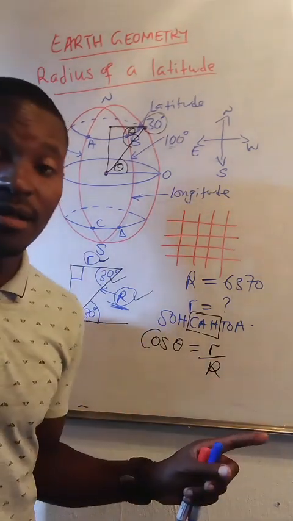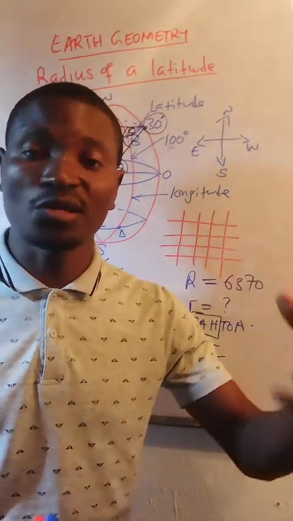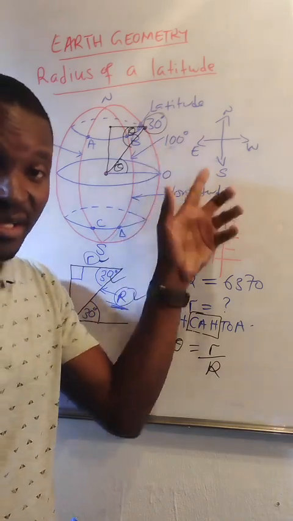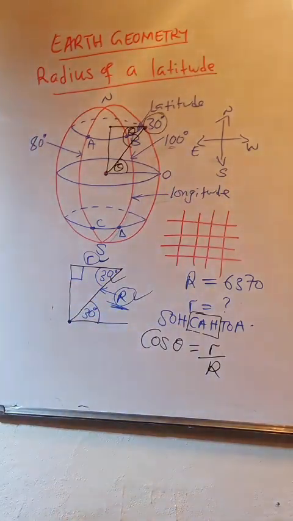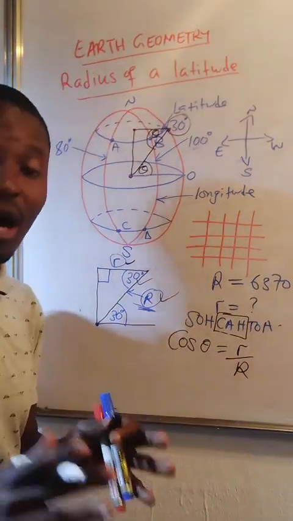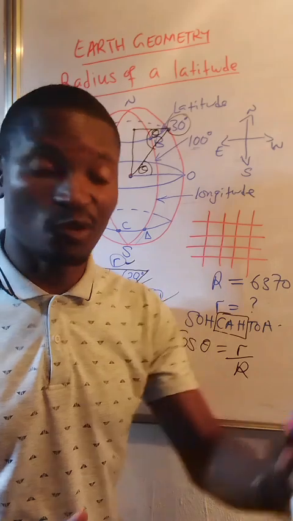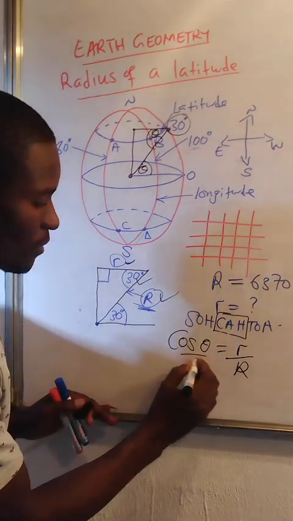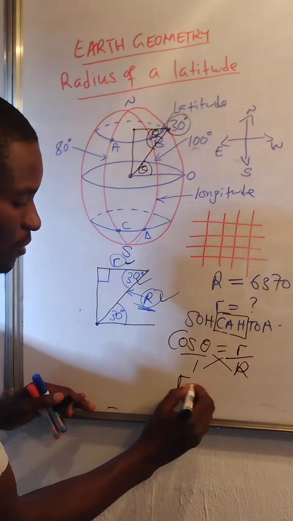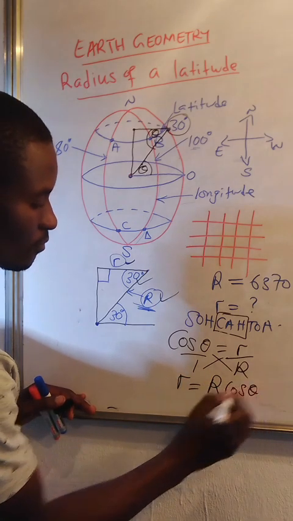Now, because I'm looking for the radius of the small circle, which is this latitude, and this one is 30 degrees, okay. So what is going to happen now is that I can make the small r the subject of the formula, okay, and this we can do, and this is going to be, okay.